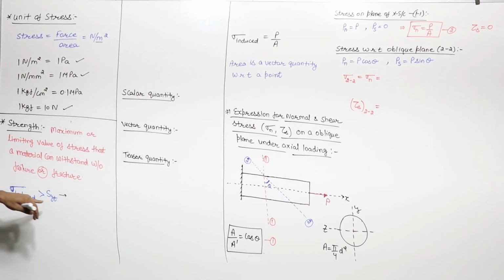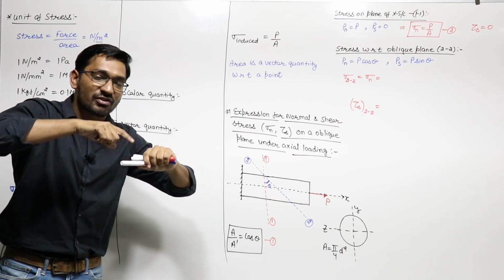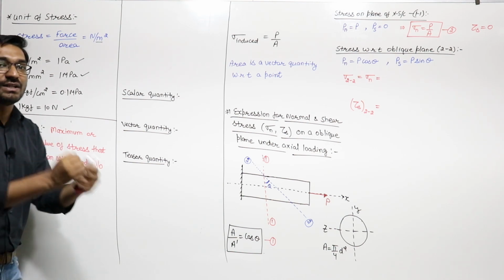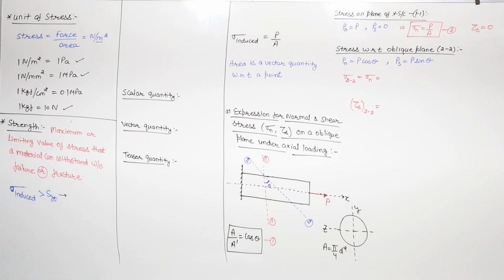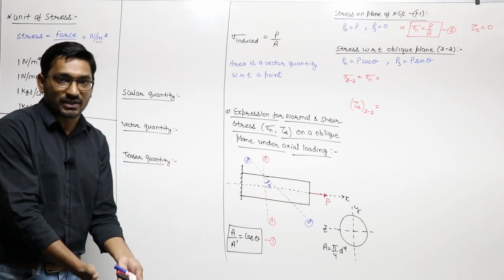So there are two types of strength. One is your yield strength, that is SYT. SYT is yield strength under tensile load. When you are applying a tensile load on this material, what is the yield strength of this material? That is SYT, yield strength in tension. There is a term SYC, that is yield strength in compression.